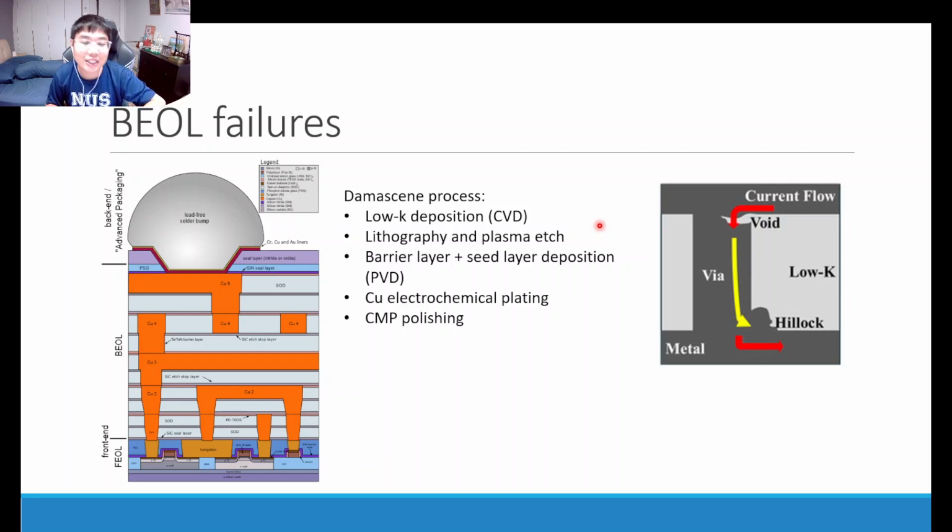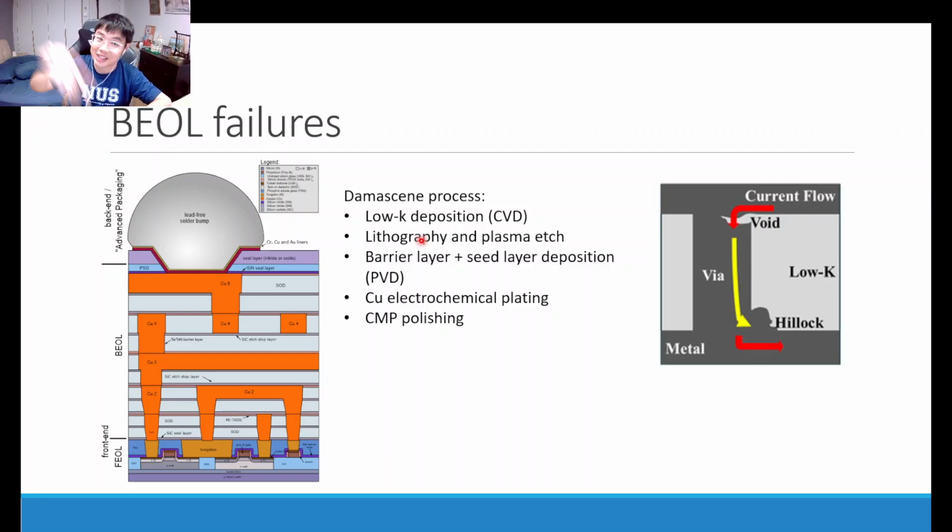The Damascene process involves first the deposition via chemical vapor deposition of your low-K dielectrics. Why a low-K dielectric? I won't mention again. Subsequent to the deposition, there's a lithography to define the patterns, and subsequently the plasma etch of your dielectric to form your vias and trenches where your copper metal needs to go in.